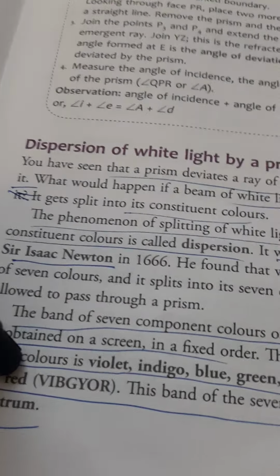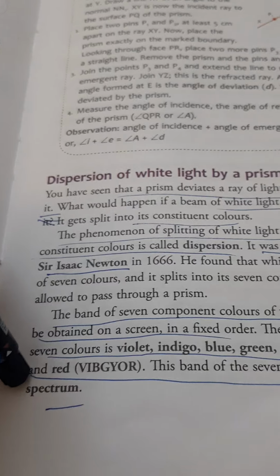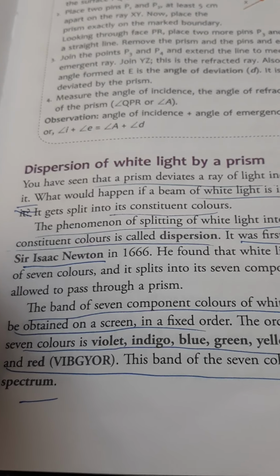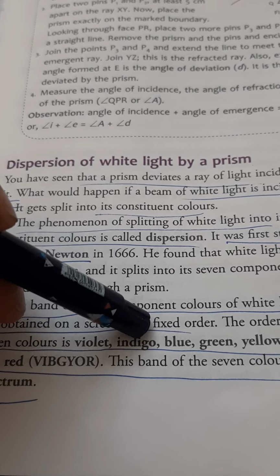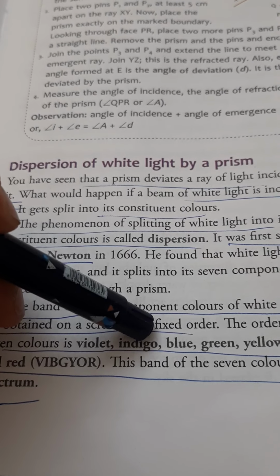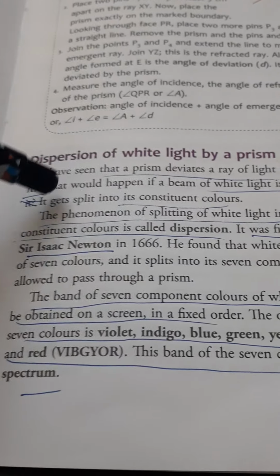This band of 7 colors is known as the spectrum. And if you are asked to write about the 7 colors of the spectrum, you are not going to write yellow before green.